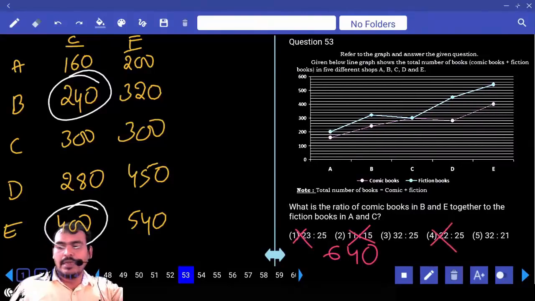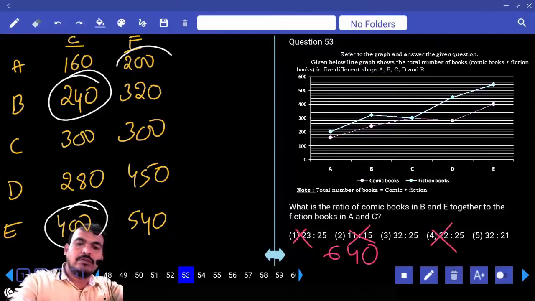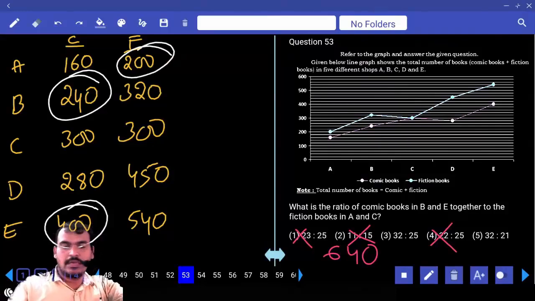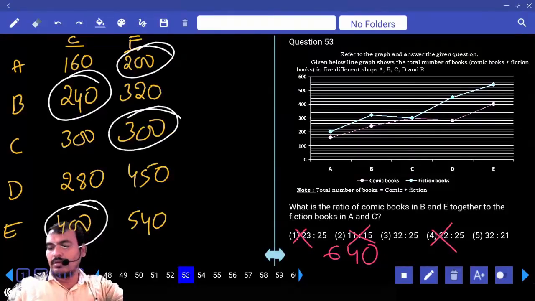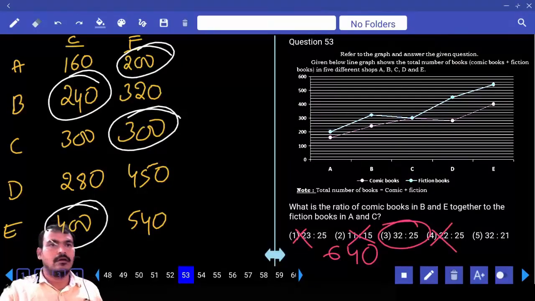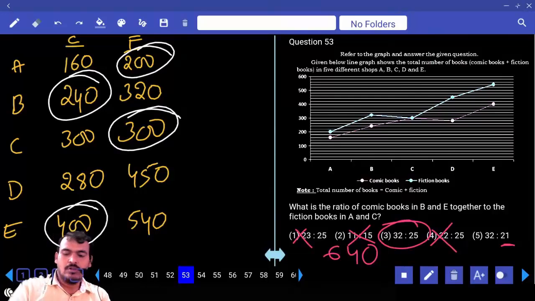Next, A and C fiction value. A fiction value 200. C fiction value 300. Total 500. So the third option, because the fifth option ends with 21, which is a multiple of 7, and 500 is not a multiple of 7.